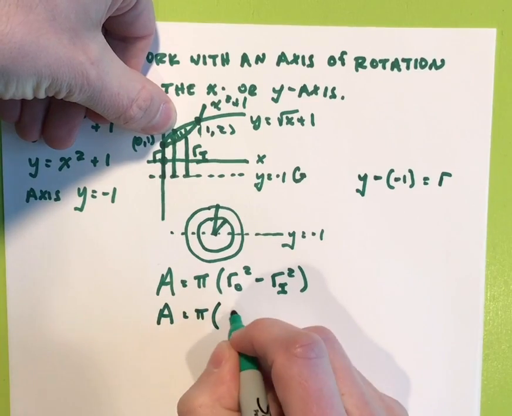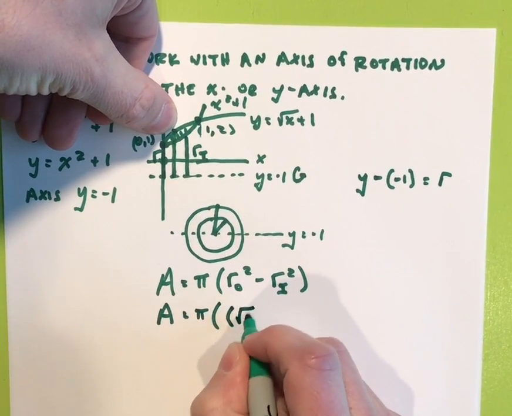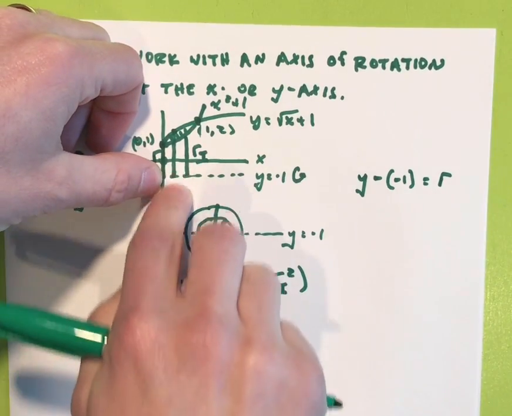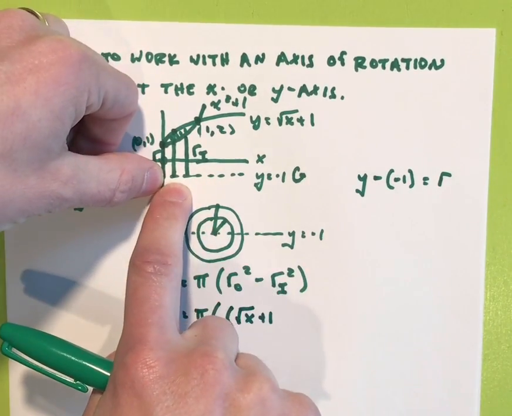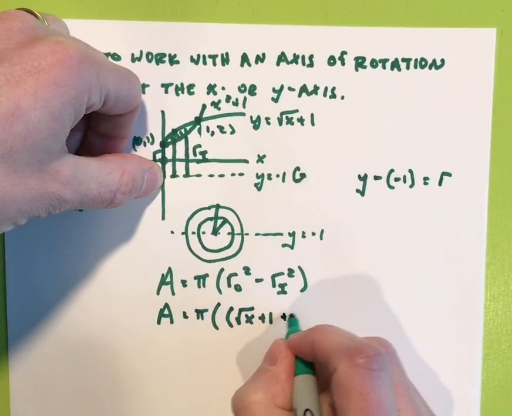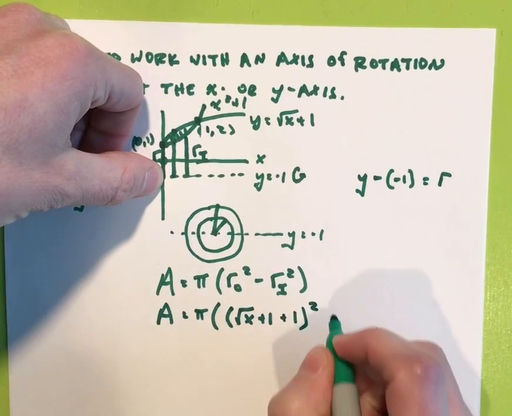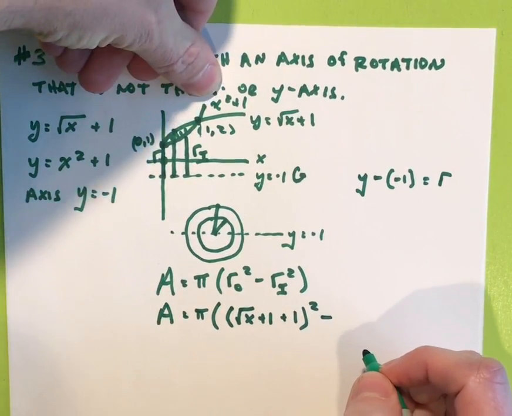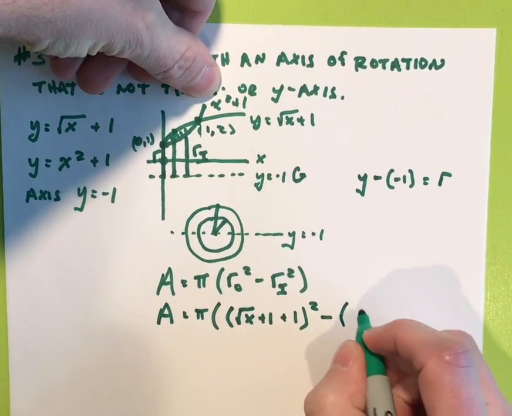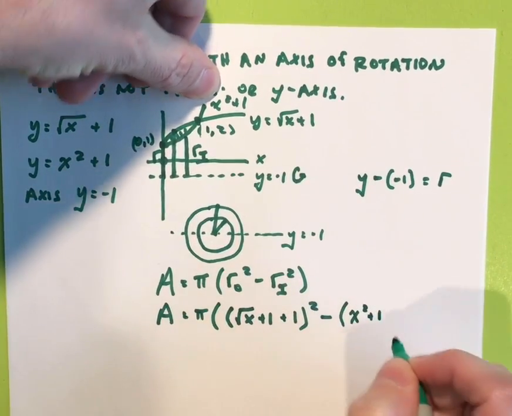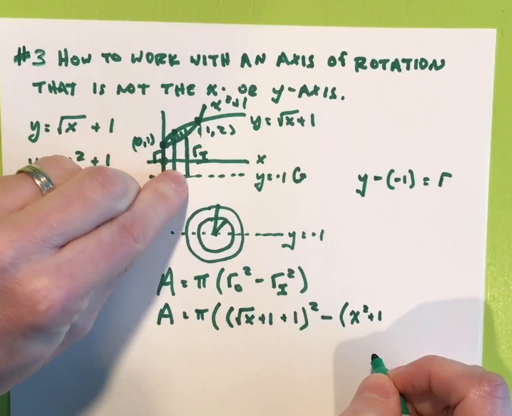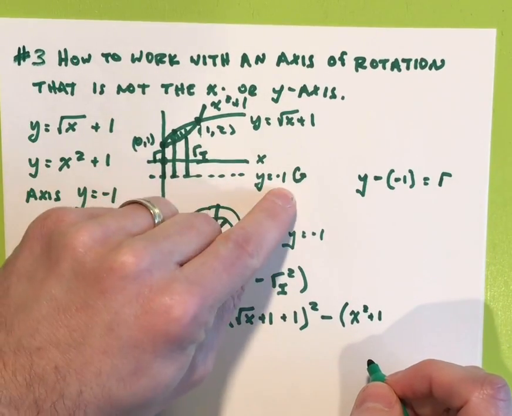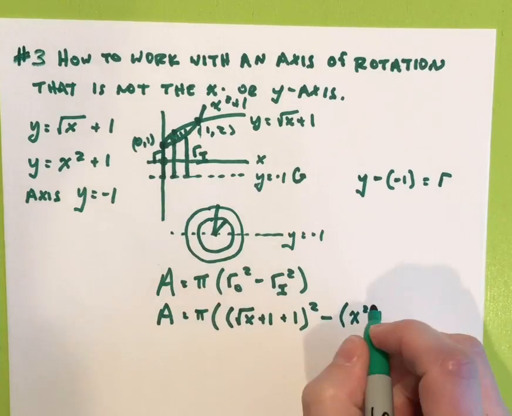Outside radius is square root of x plus 1 plus an additional 1 to get that extra vertical shift. Subtract our inner radius. Well, the inner radius is given by x squared plus 1, so we have x squared plus 1 plus that additional vertical shift away from the axis of rotation.